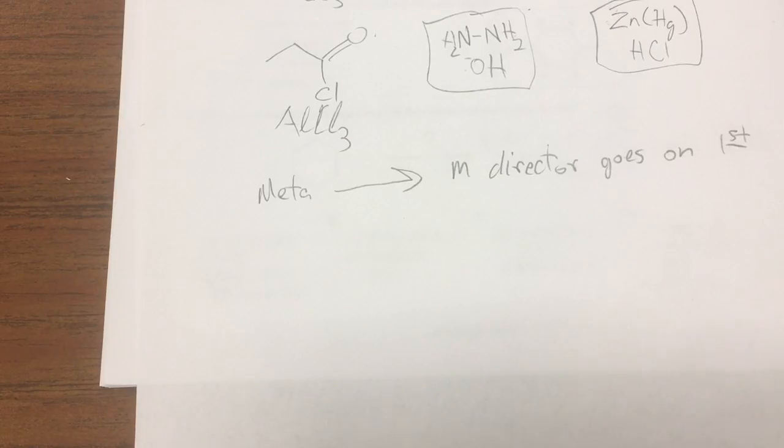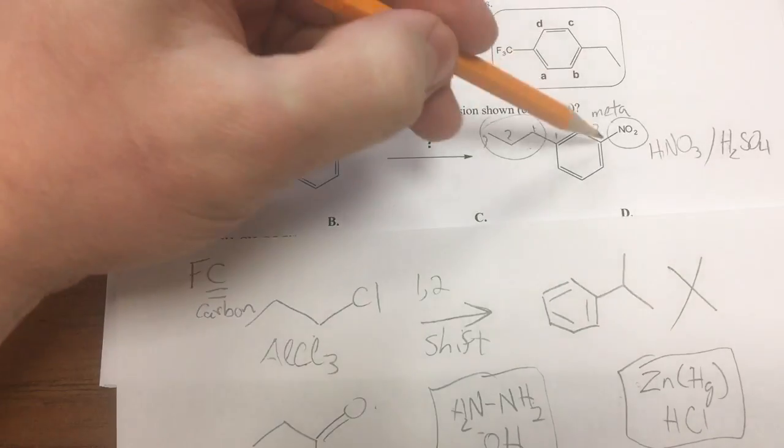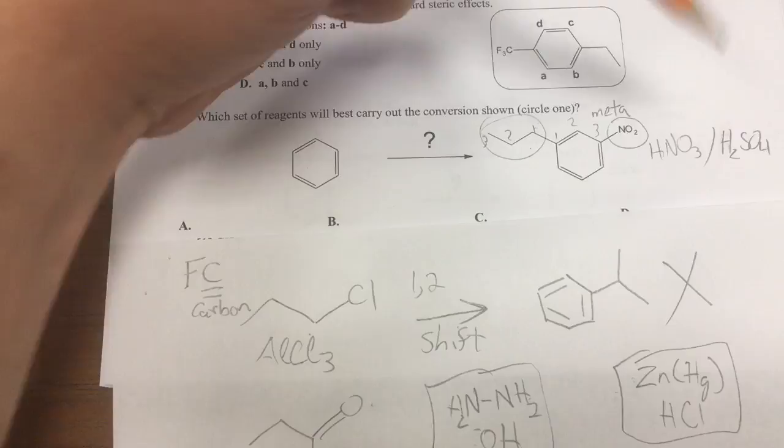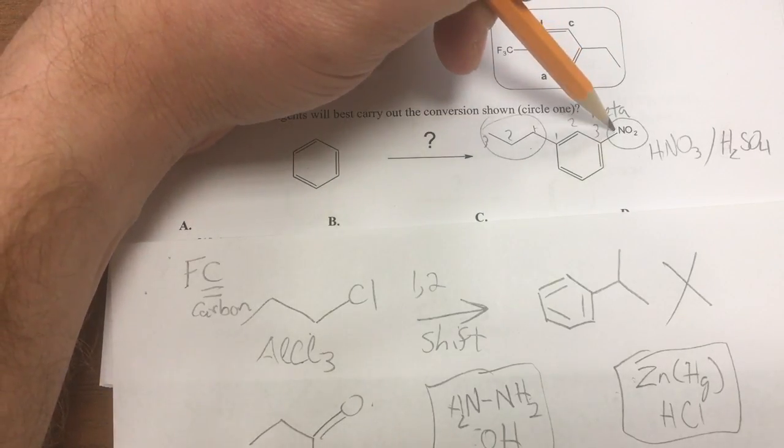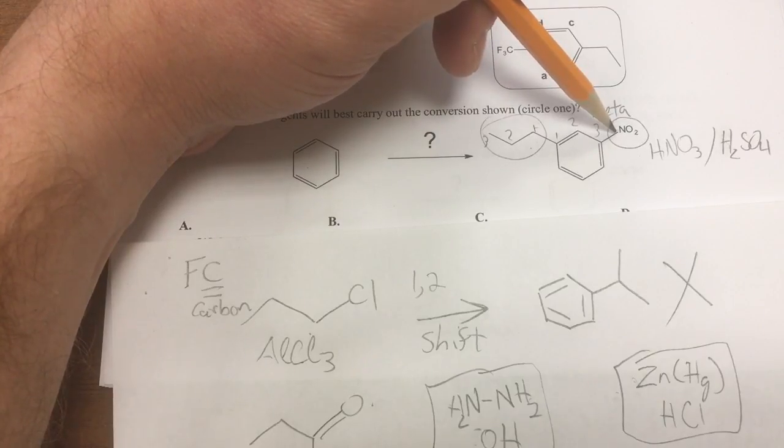We've got a stipulation here, though, especially with this thing here. You cannot carry out Friedel-Crafts on a ring that has nitrogen on it. One nitrogen, right here. And NO2 is the nitrogen here.